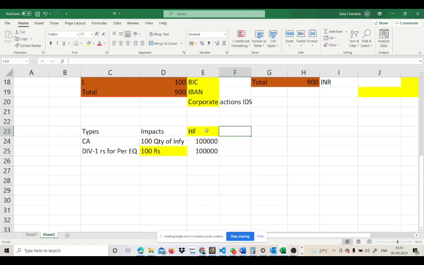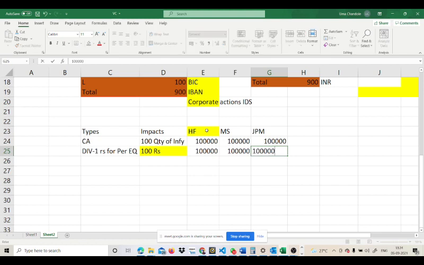Suppose MS holds the same quantity, they will also receive the dividend. Suppose JPM holds this quantity, they will also receive the same. This is a change, right?